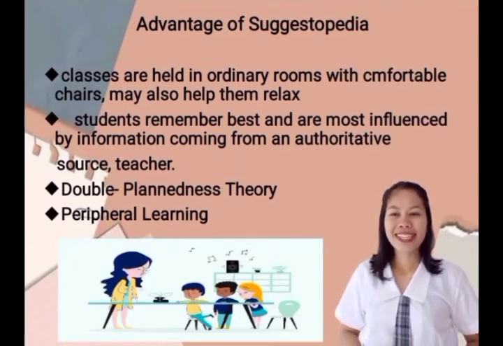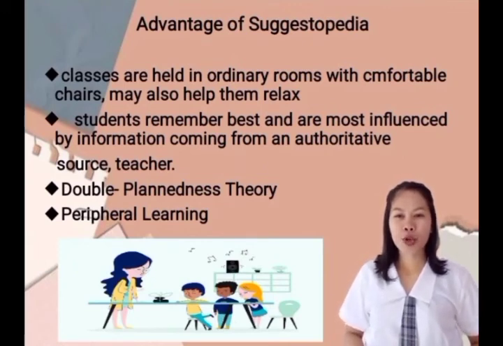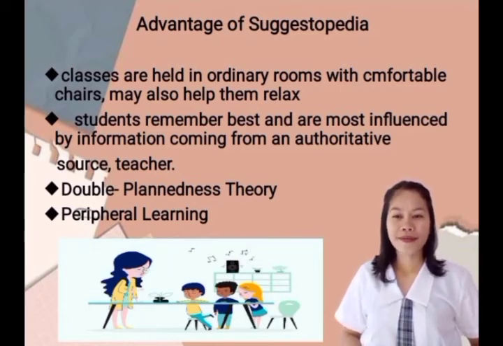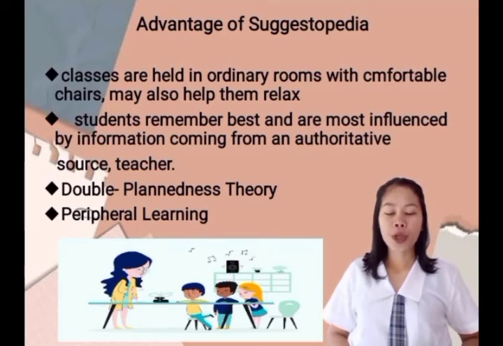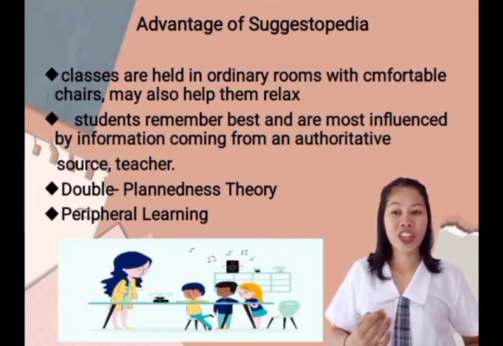Advantages of the Suggestopedia method. First, classes are held in ordinary rooms with comfortable chairs. Second, students remember best and are most influenced by information coming from an authoritative source, which is the teacher.